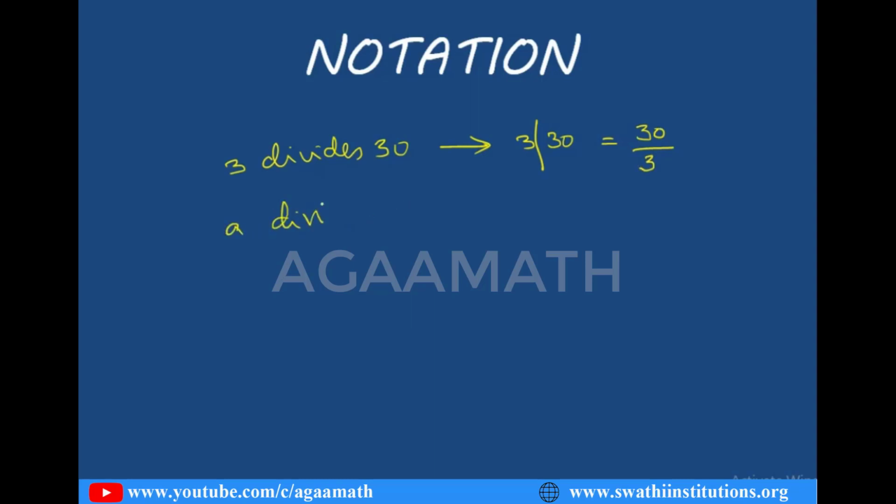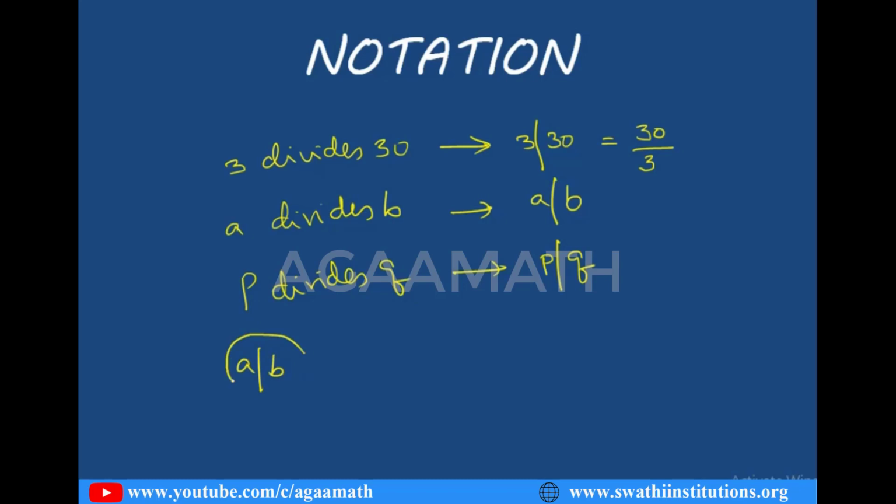A divides B, the notation is A | B. P divides Q can be written as P | Q. In A divides B, B is the dividend and A is the divisor. If A divides B, there exists C such that B equals AC.